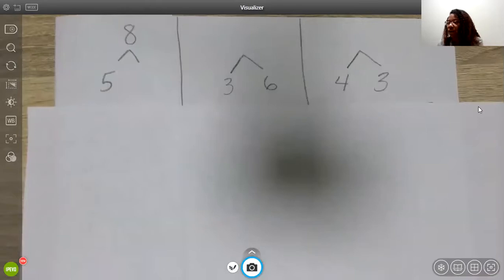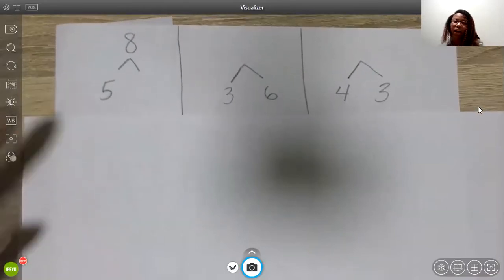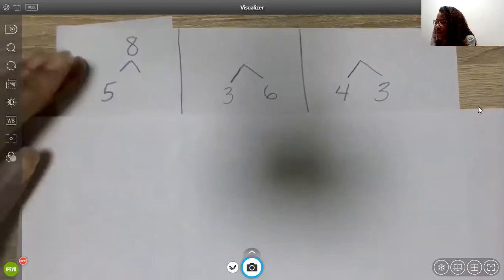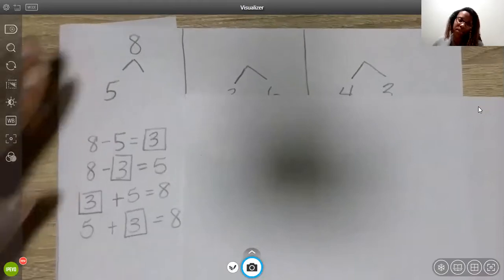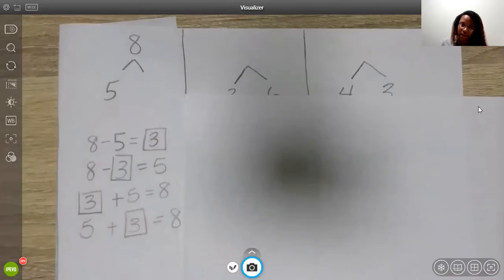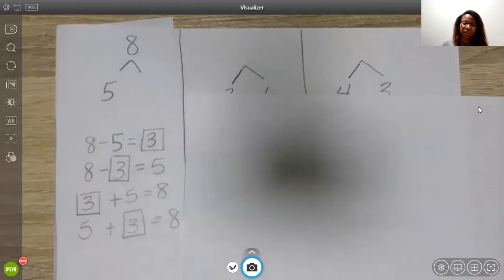Our first number bond, for my whole I have 8, and for my part I have 5. I have to figure out my missing part. What number sentence did you come up with first? That sounds very similar to mine. The first number sentence I came up with is 8 minus 5 equals 3. Because when I counted back 5 from 8, I had the number 3.